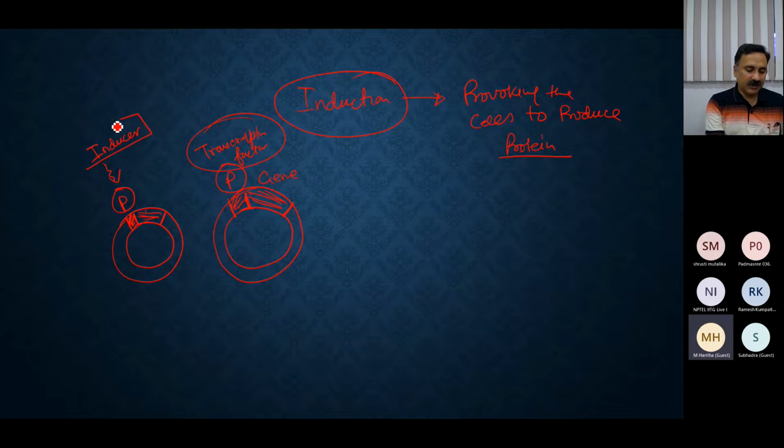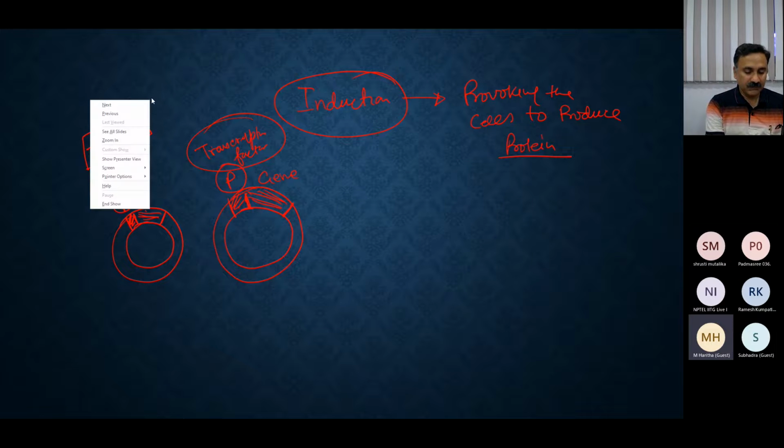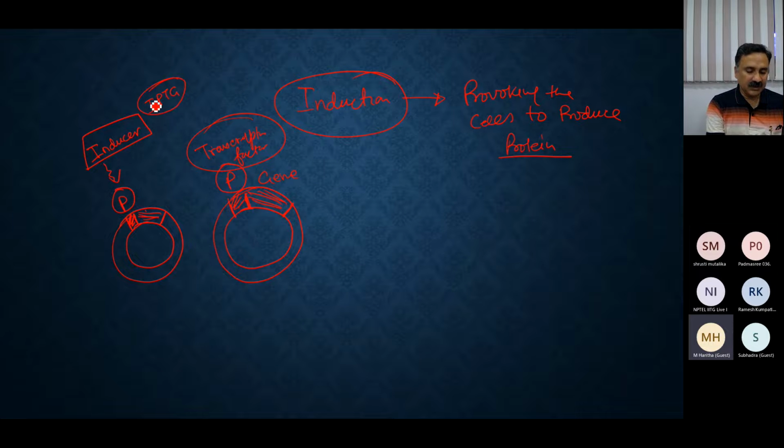For example, if you take the promoter which responds to lactose, it is going to be induced by a lactose analog called IPTG. So if you use IPTG, it will induce the promoter of the lactose gene, and instead of the gene, you have already put the transcription factor. Once the transcription factors are produced from this particular vector, they will be available, and that's how they start transcription of the gene of your interest.